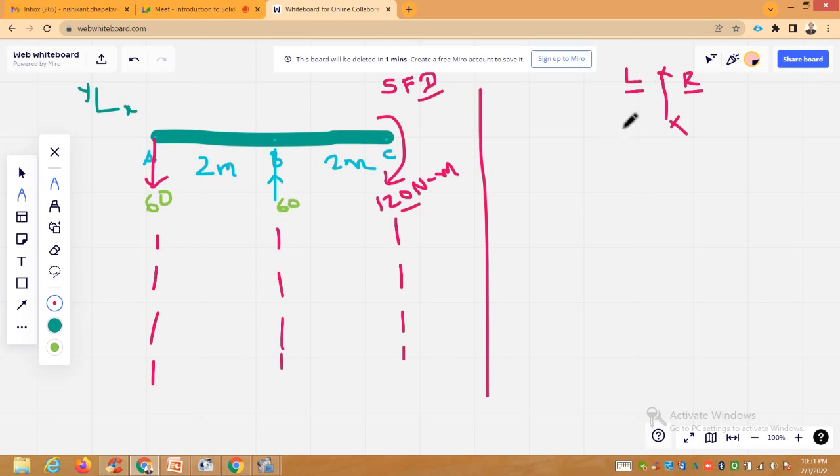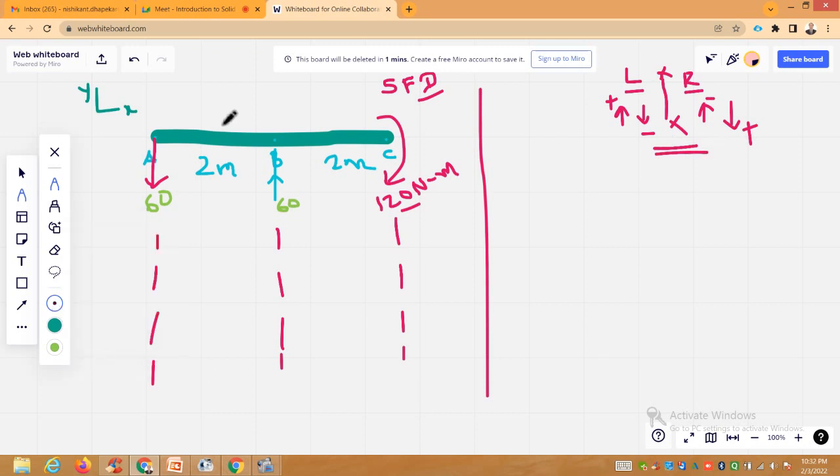So section left, shear force upward we are taking positive, downward we are taking negative, vice versa to the right of section. So upward we are taking negative and downward we are taking positive. In this way we are calculating the shear force diagram.